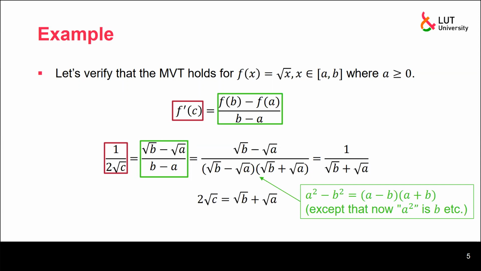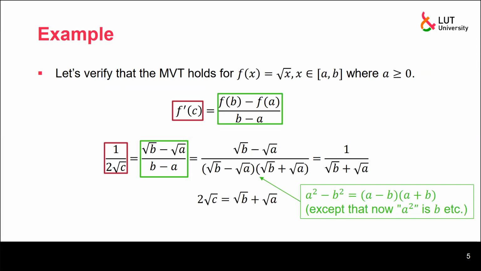So the derivative with the value of c is, so that's the mean value theorem, and let's calculate what the values are. So after differentiating this square root of x, we get 1 over 2 square root of c. So we already substituted the value of c there, and then we substitute the b and a values. So square root of b minus square root of a, and then the difference.